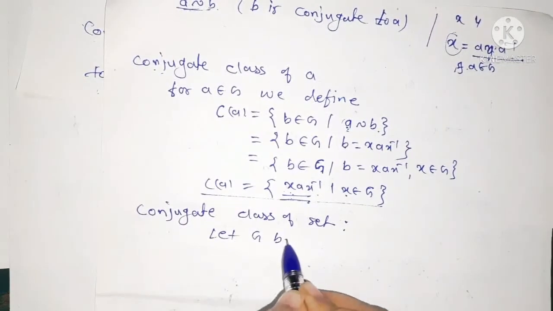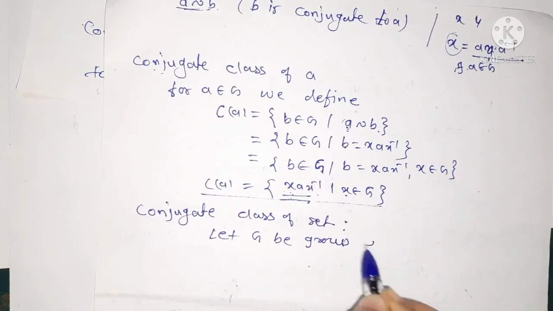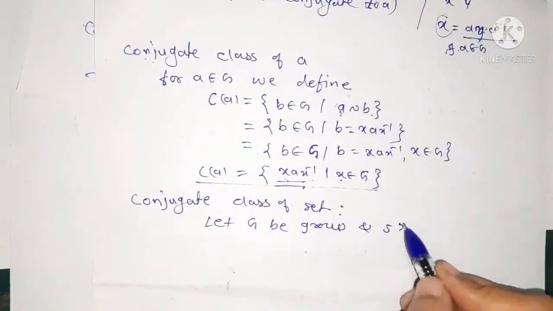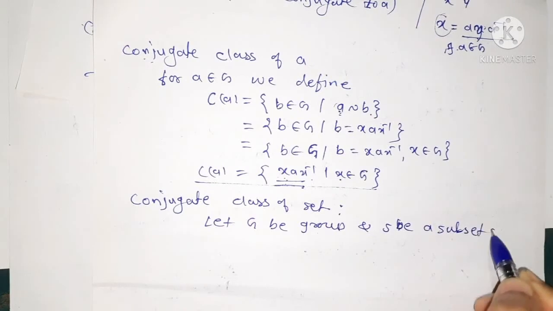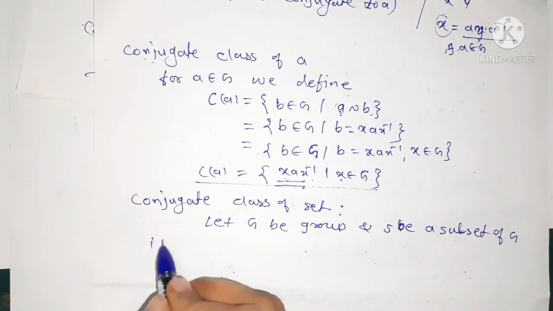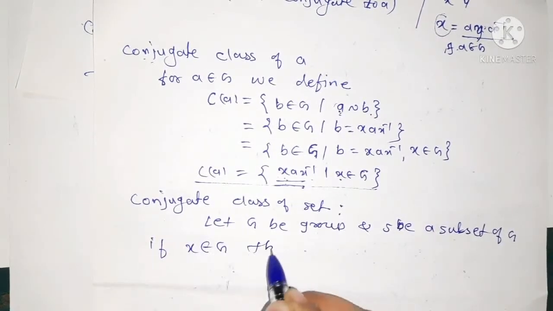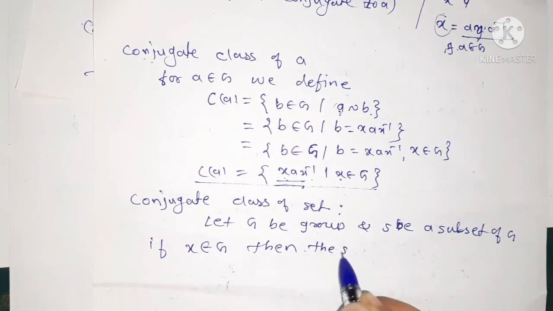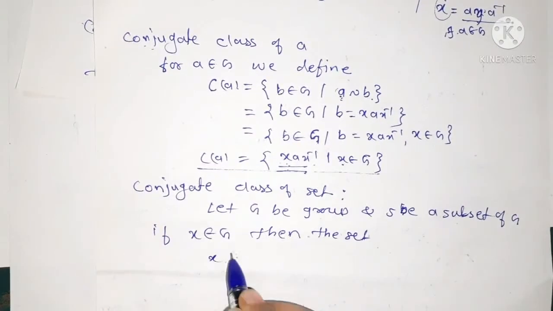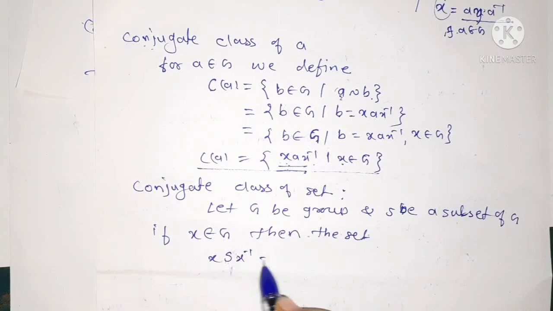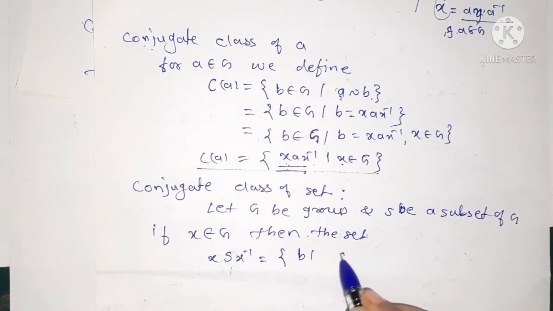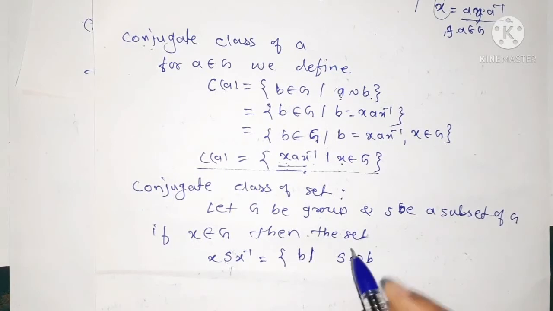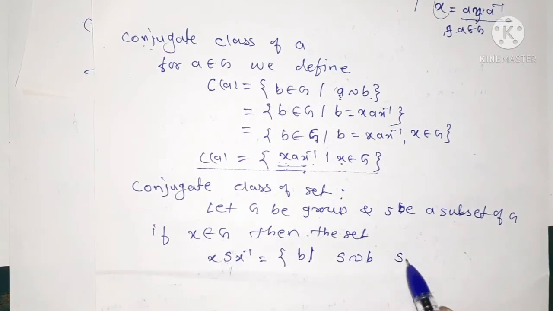Let G be a group and S be a subset of G. If x belongs to G, then the set xSx inverse is the set of all the elements B such that s is equivalent to B, and small s belongs to capital S.